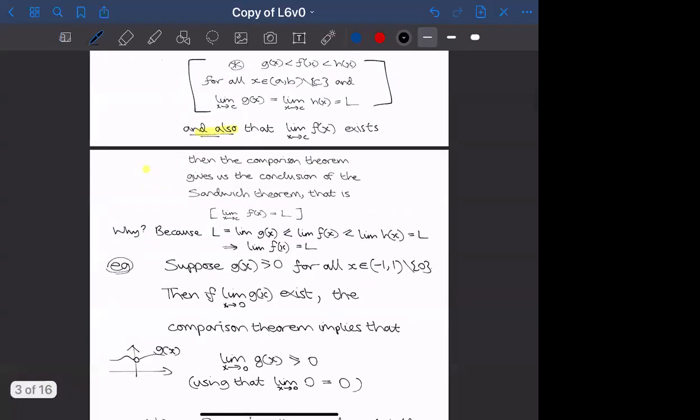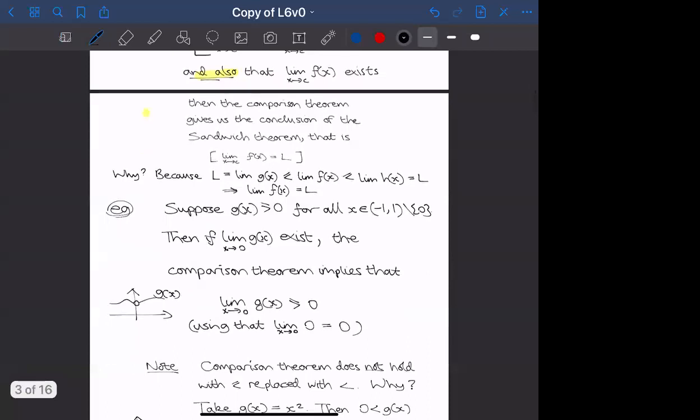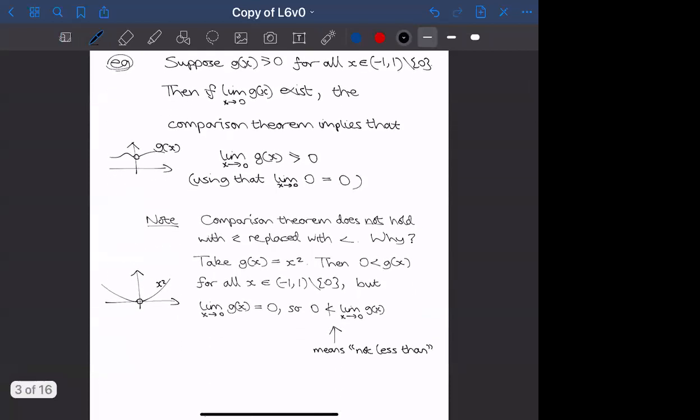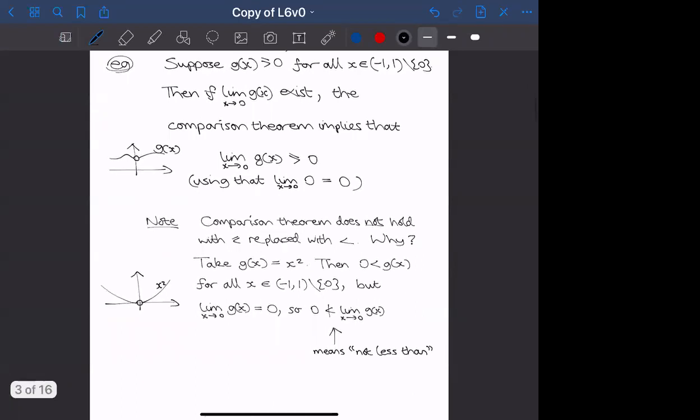And to give an example, in this case, one of the functions is 0.